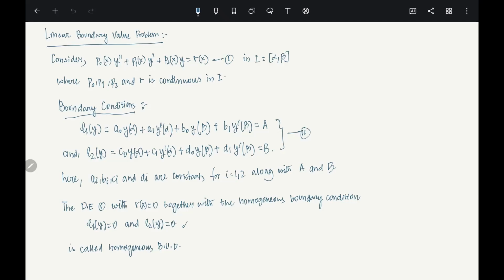Rx is there, but L1y equals 0 and L2y equals 0. This is what we are assuming. So just an extra assumption, that is.